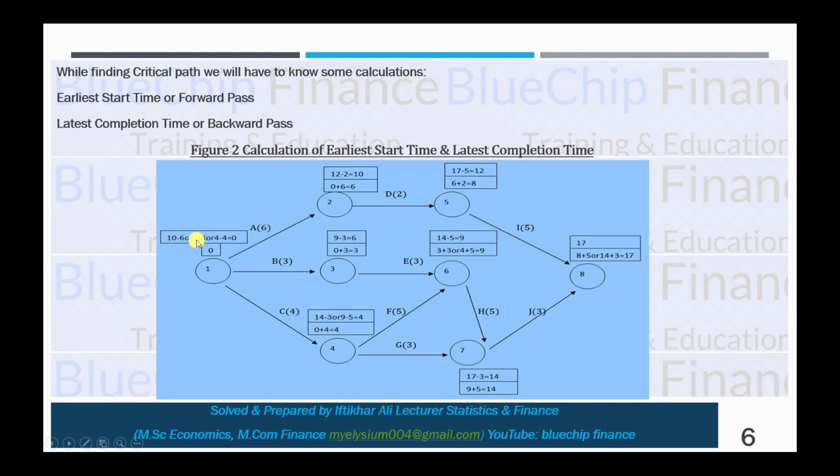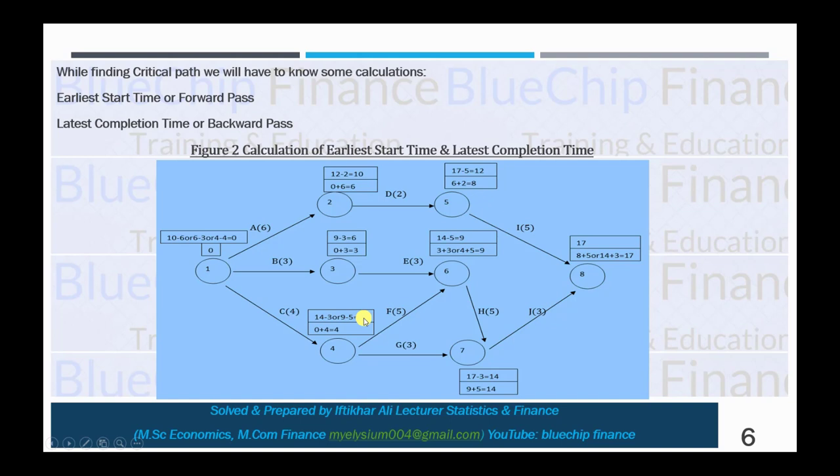So that is the second possibility. Now we come to this side: 17 minus 3 equals 14, and 14 minus 3, or here you can see 9 minus 5. So 14 minus 3 and 9 minus 5. If we calculate 14 minus 3, the result is 11. But if we calculate 9 minus 5, the result is 4.